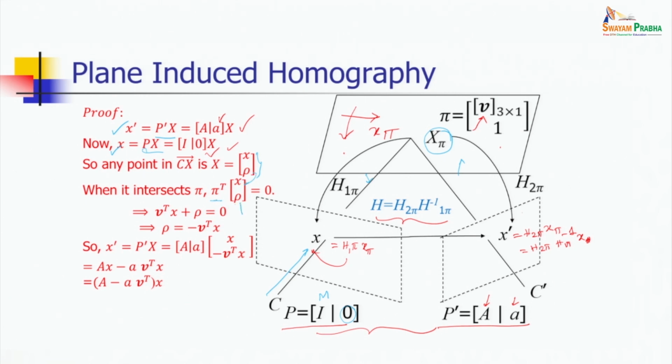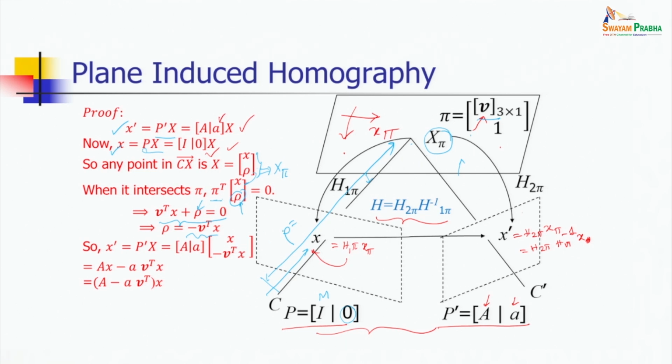So pi transpose x pi equals 0, which gives you the value of this scale factor rho. Given this plane and these parameters b, it relates the corresponding depth. So rho equals minus b transpose x. This is the z direction.